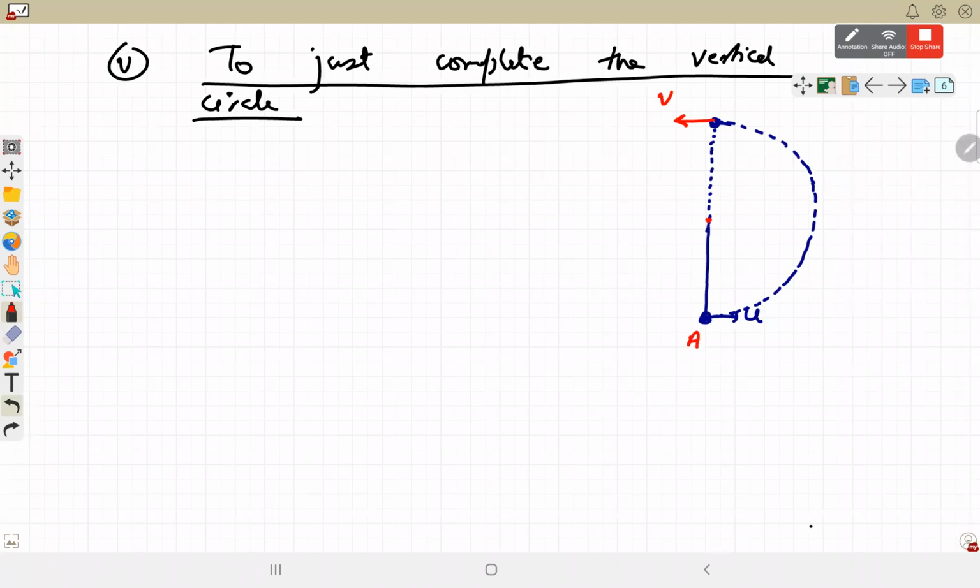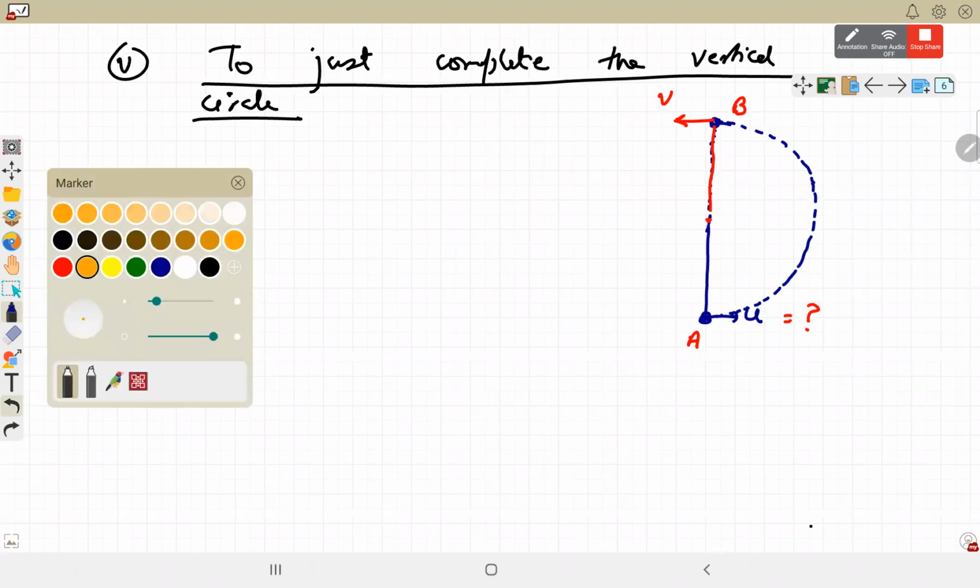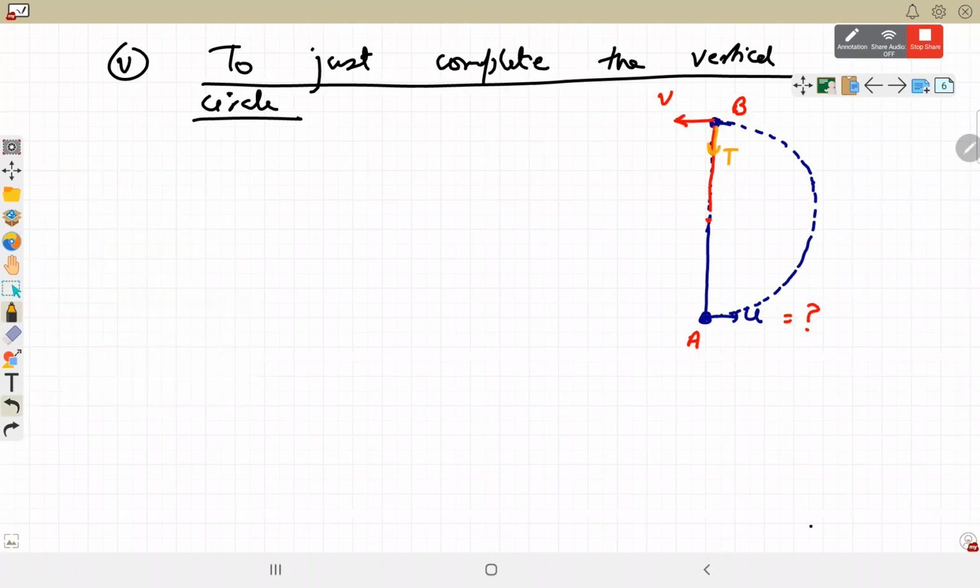At point A, the energy has to be given. So now we have to calculate this u so that the particle can complete the circle. At the maximum point B पे string should be taut enough, but just while crossing this point B, जिसमें नीचे force लग रहा होगा total, that will be T plus mg. Tension is downward, mg is downward. So at point B, tension plus mg provides the required centripetal force.